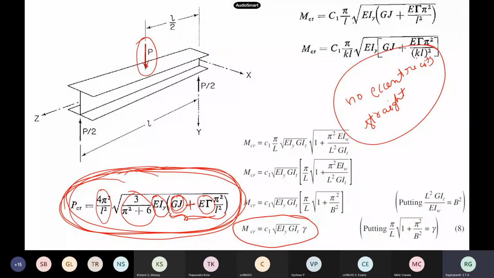But in reality, the beams may not be straight, and the load may not act symmetrically. So you will have all kinds of problems. If the beam is initially bent, and the load is not acting at the shear centre, then the derivation becomes complex, and there are other issues.